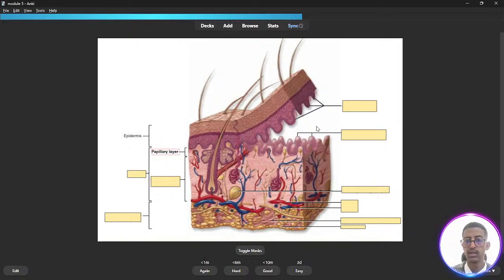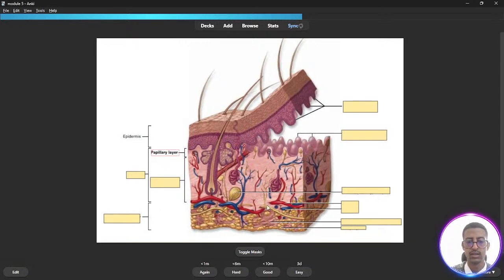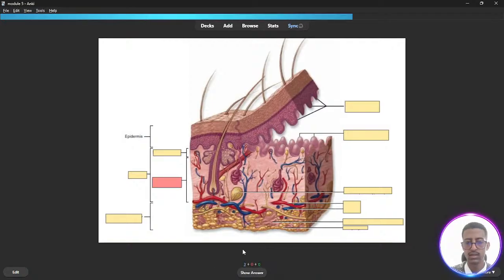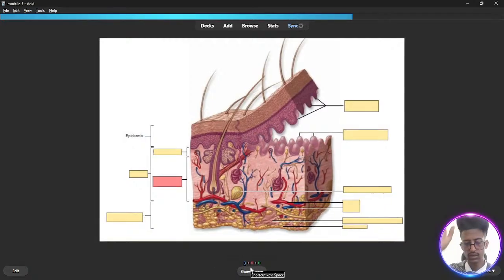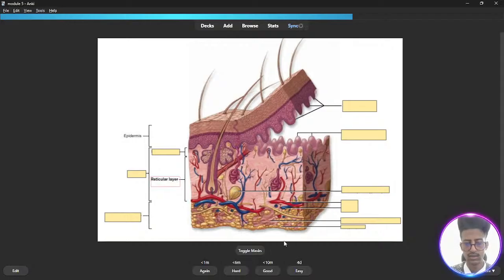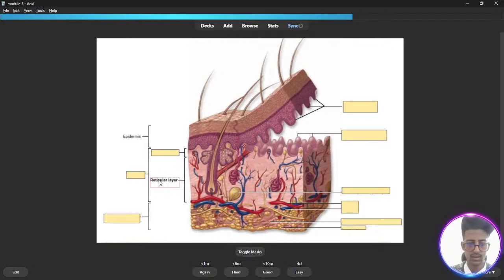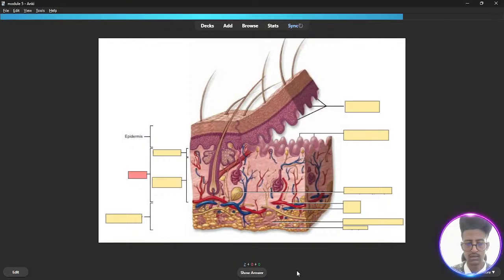Papillary layer, okay, this is papillary. Okay, let's toggle the mask. Alright, let's toggle it. This is the reticular layer, this one is hair. Easy.